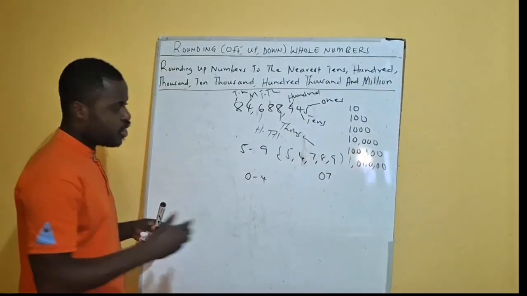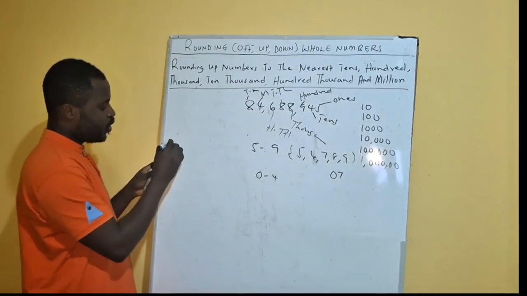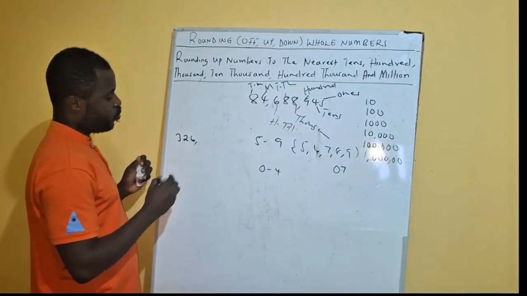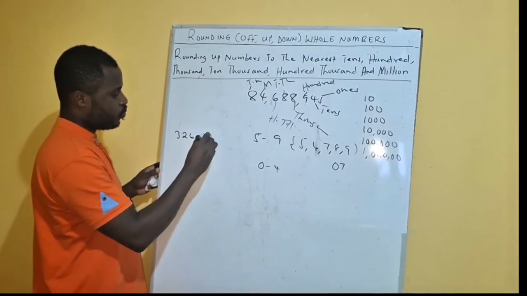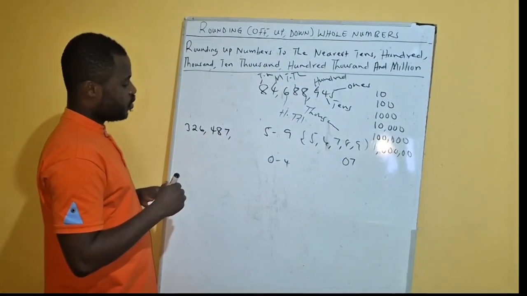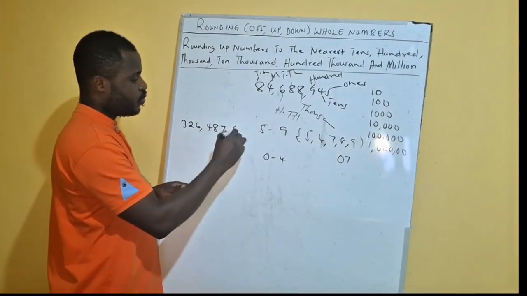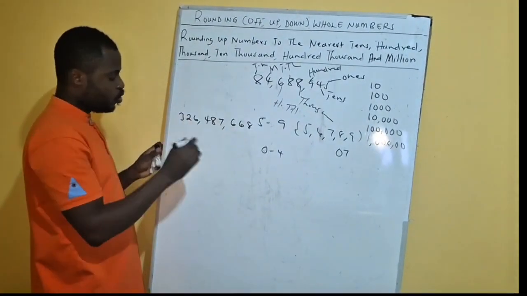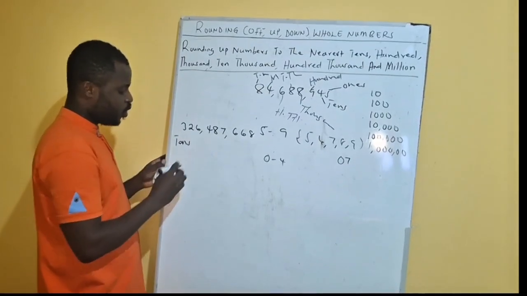So now, let's have an example of a number like this: 326,487,668. We are going to round this same number to the nearest 10.